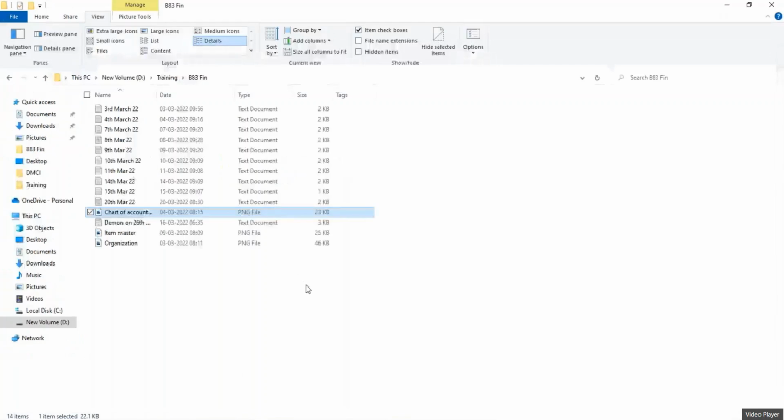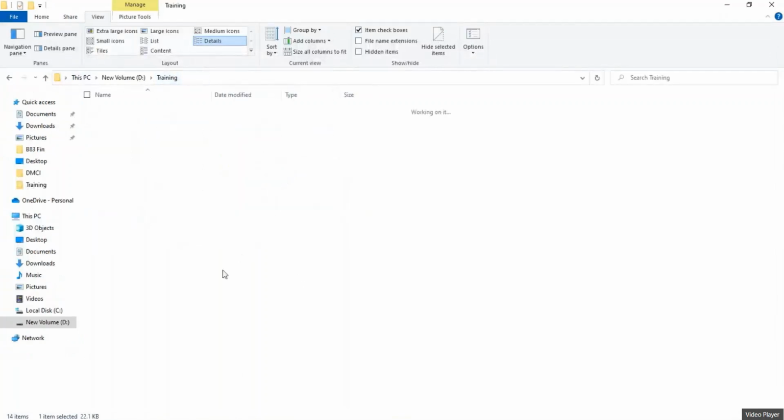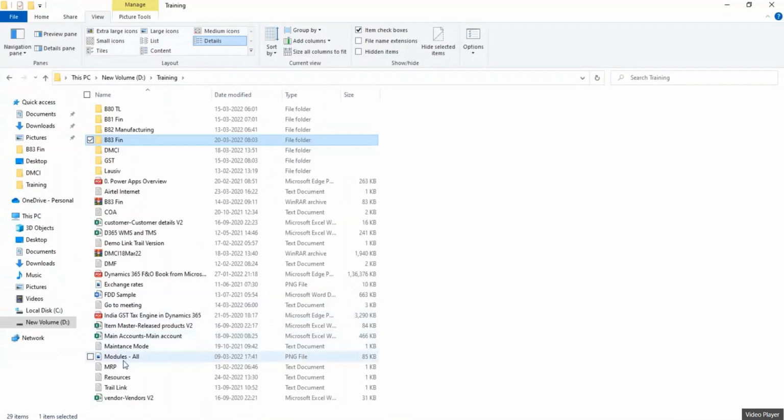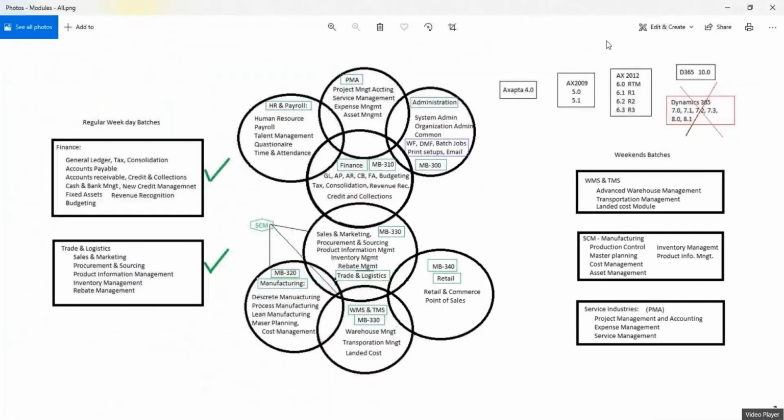So in our system, as I told you, we have modules. In this module, it is inventory and financial dimensions. It will be covered in these inventory dimensions, and you are talking about manufacturing overhead charges, that is cost categories. It will be covered, and here also cost categories. So in project management and accounting, it will cover cost categories, and in manufacturing also it is cost categories that will be covered.